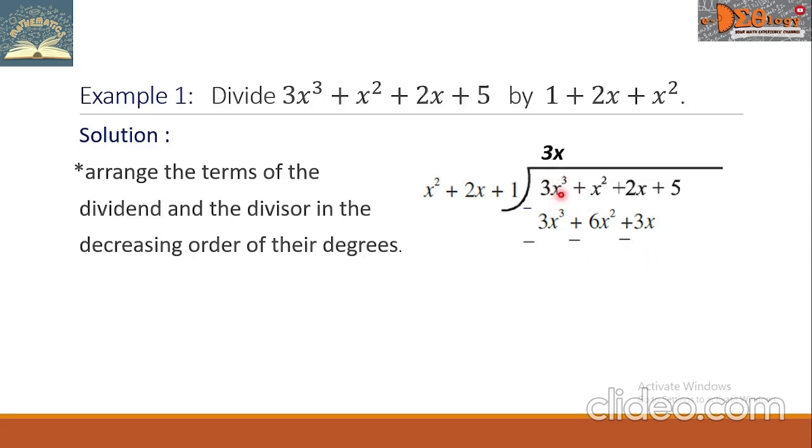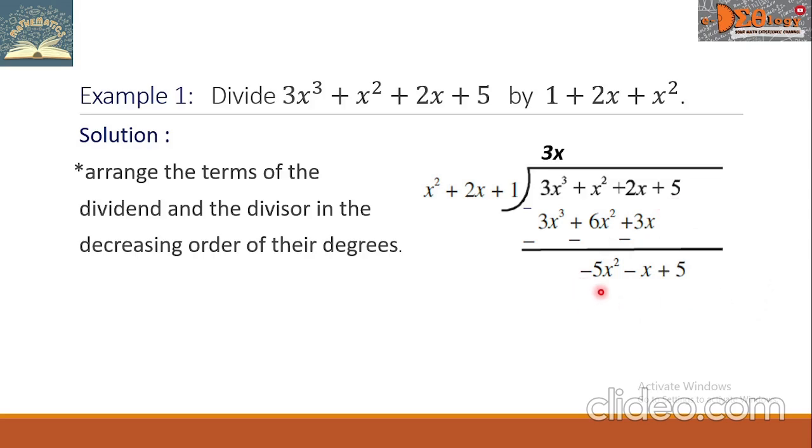This 3x cubed and negative 3x cubed will cancel each other. So positive x squared minus 6x squared, we have now this negative 5x squared. Positive 2x and minus 3x becomes negative x. Then we bring down the positive 5. This is now our new dividend.